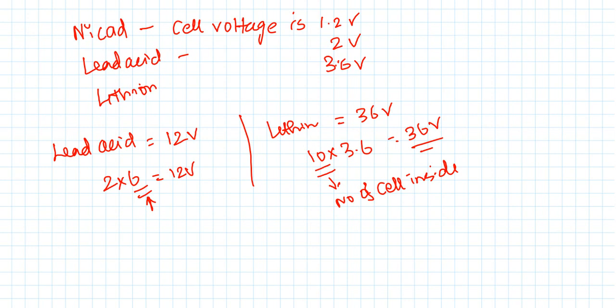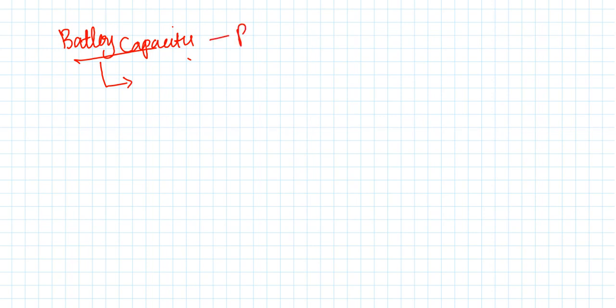The next parameter is the battery capacity. Battery capacity is directly given by certain performance parameters.